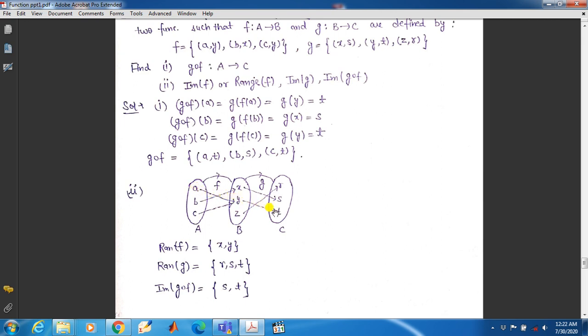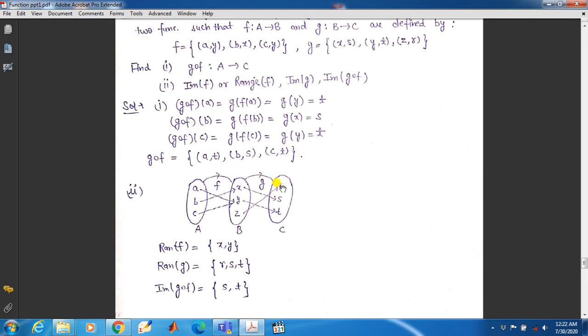That means one element is t. b is mapped to x and x is mapped to s. That means the second element will be s. Again, c is mapped to y and y is again mapped to t. t is already there, so no need to write it again. So only s and t are there.